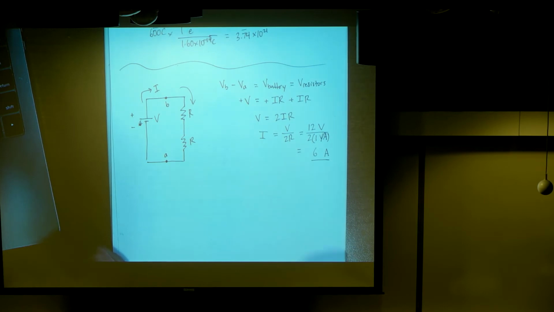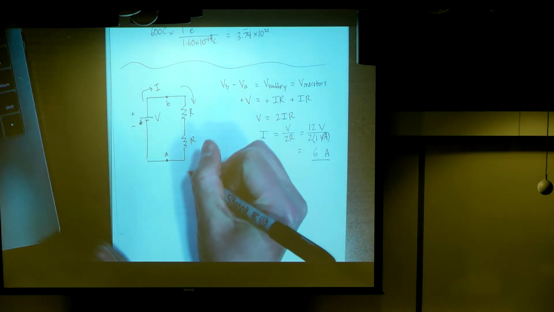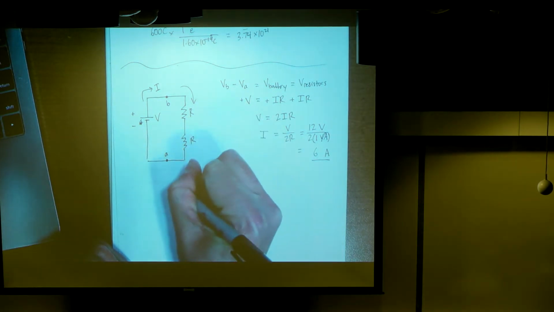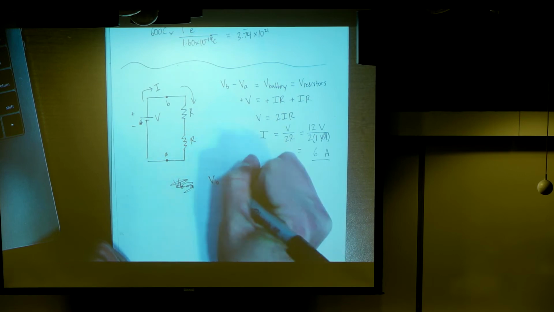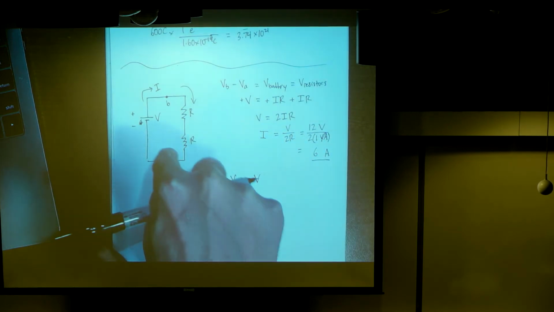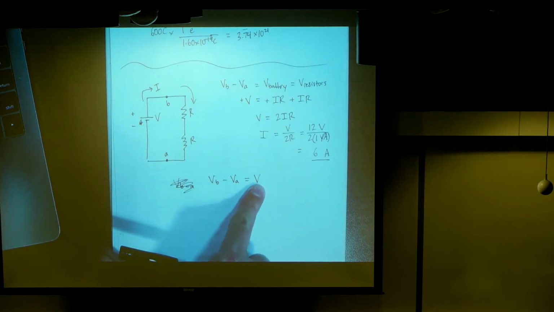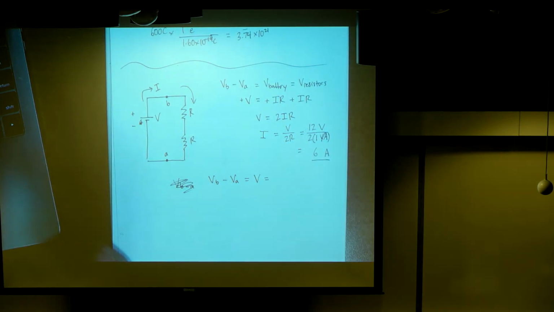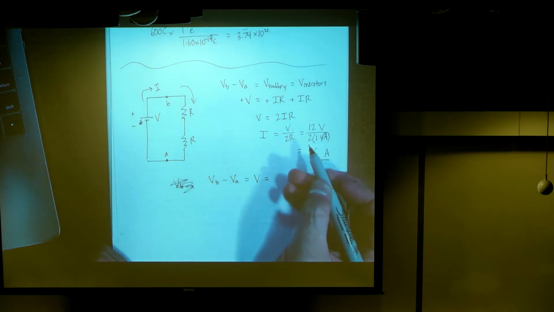All right, now, can anyone see how this would change if we had 12 of these resistors instead of 2 of them? Yeah, so in this case, going from A to B on the diagram, going across the battery, I'd still just have one battery to go across with voltage V, but then I'd have 12 different resistors to go across, each one with voltage positive IR.